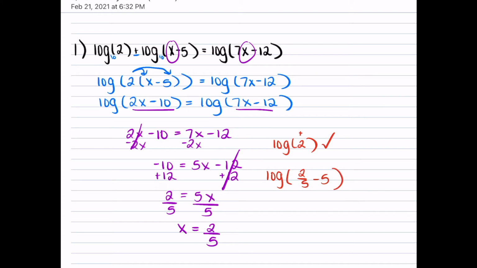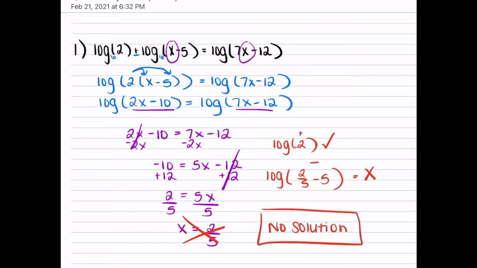So we know that 2/5 is less than 1, and if it's less than 1 and you're subtracting 5, this is going to become a negative number. So this is not okay because we cannot take the log of a negative number. So actually, x cannot equal 2 over 5, which means that this log has no solution, and that would be our final answer.